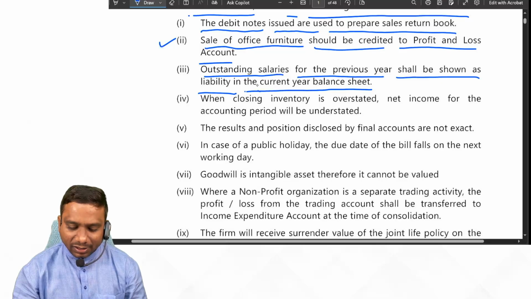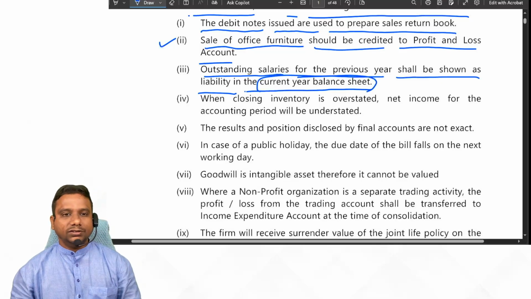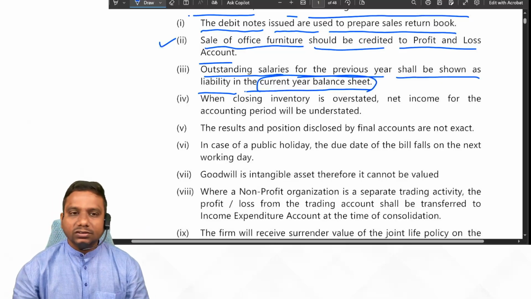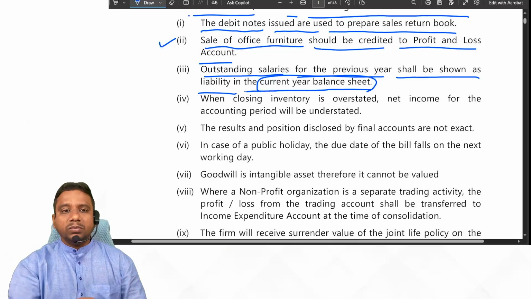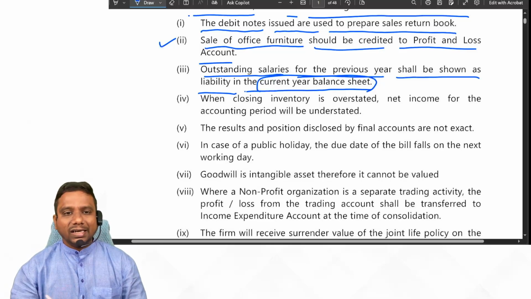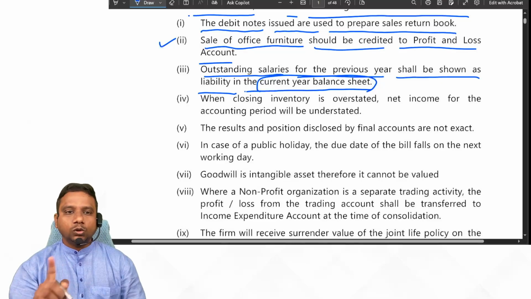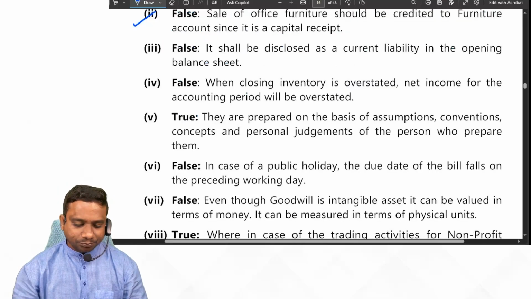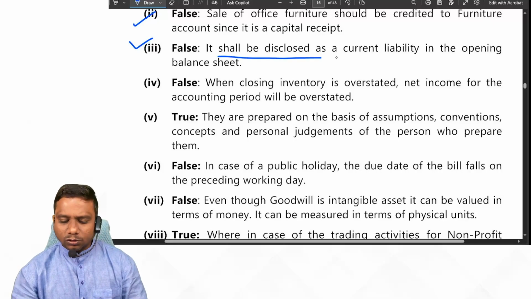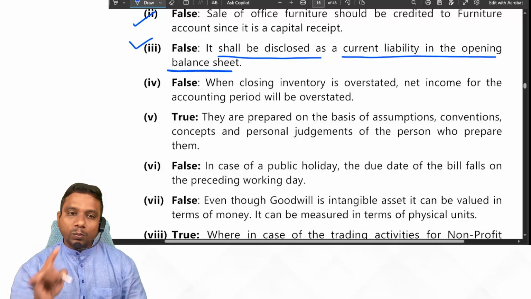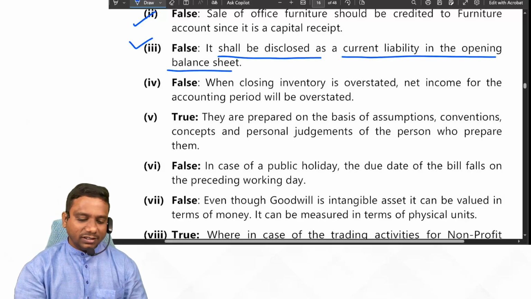But in the current year balance sheet we don't show this because it is a previous year item. Whatever outstandings we have from last year, we may pay all these outstandings in the current year. That's why this is not shown in the current year balance sheet. So the given statement is false. It shall be disclosed as a current liability in the opening balance sheet, not the closing balance sheet.